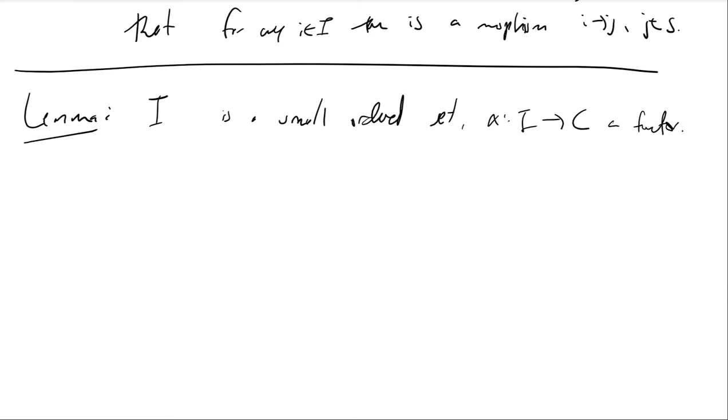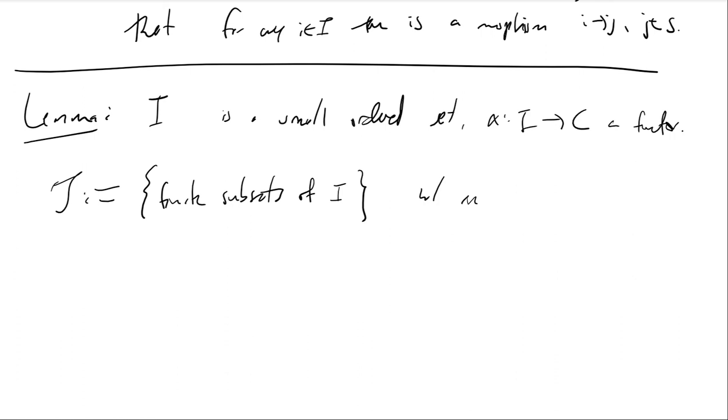Now we use this italic j here, which hopefully looks different enough from my ordinary j, to be the set of finite subsets of I. And we equip j with an order. In particular, we order j by inclusion.